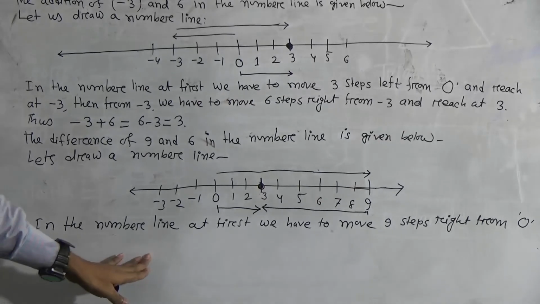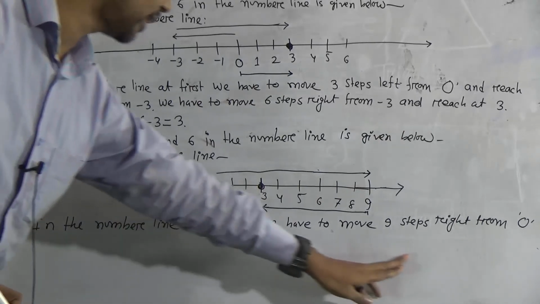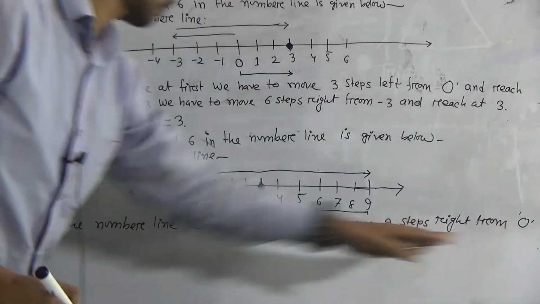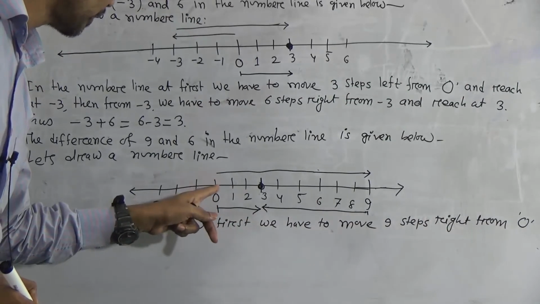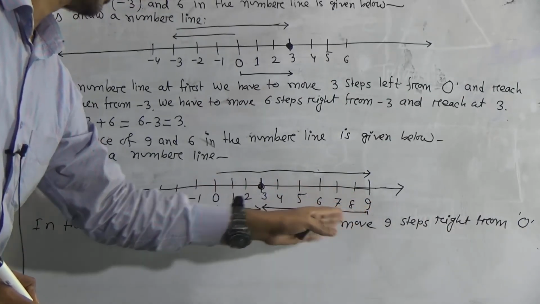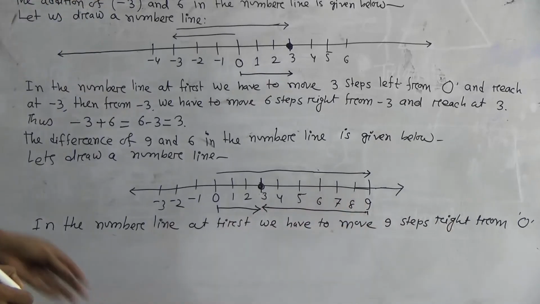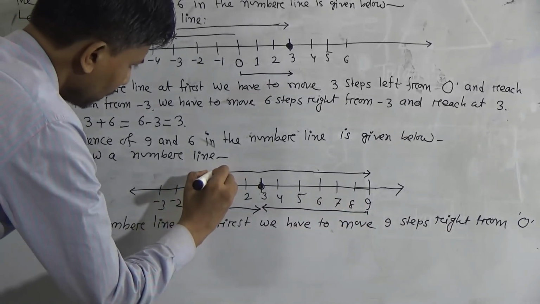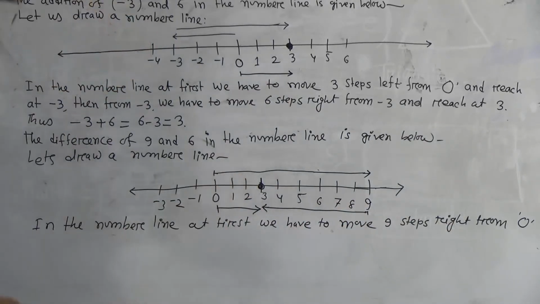Look, in the number line, at first we have to move 9 steps right from 0. Starting from 0, 9 steps right from 0.